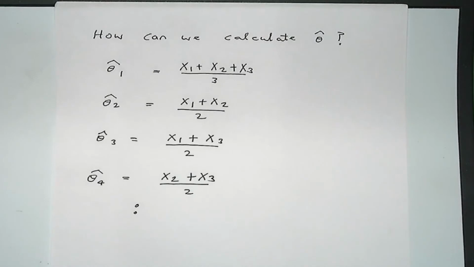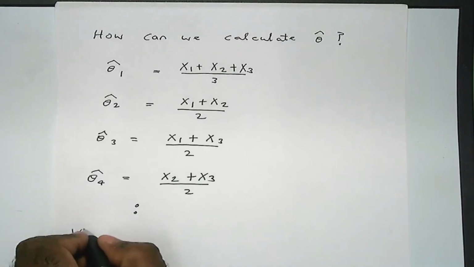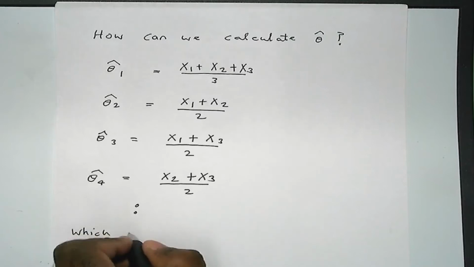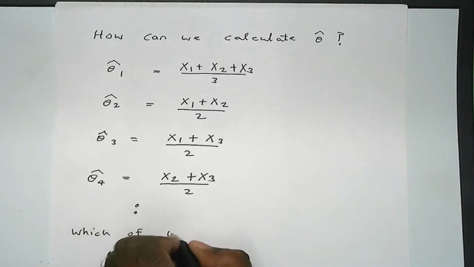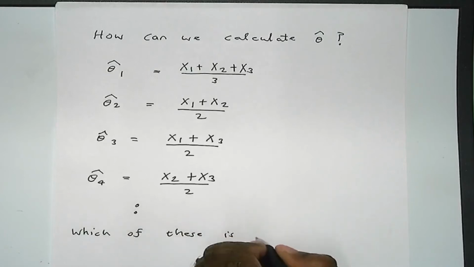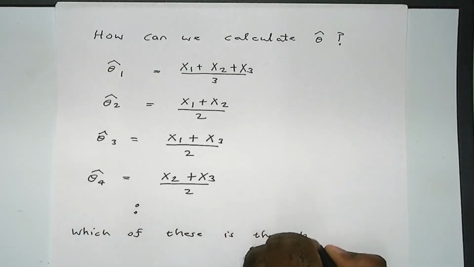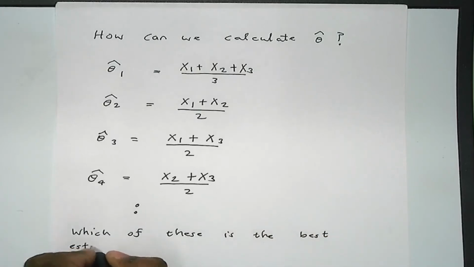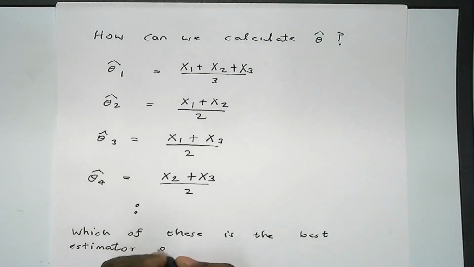I mean, you can do it in different ways. Which estimator is the best? So the question we are asking is which of these is the best estimator for theta?